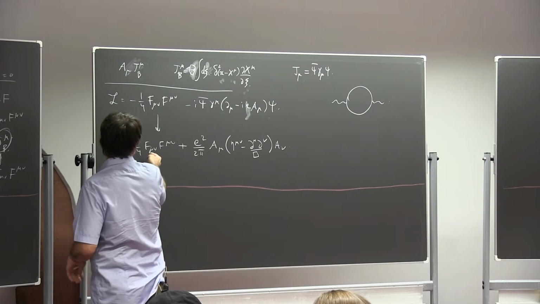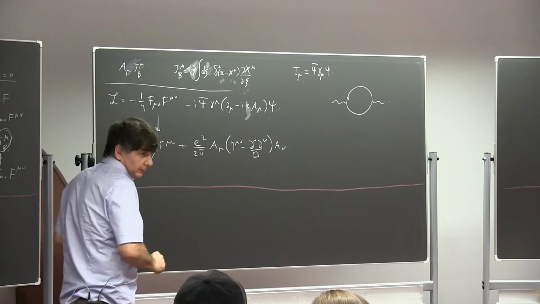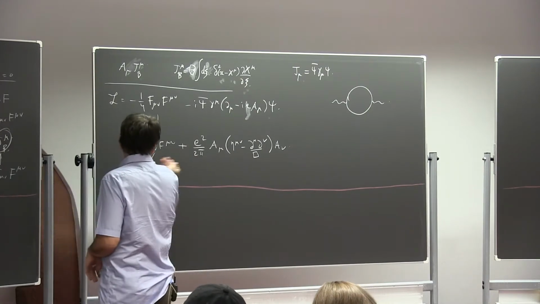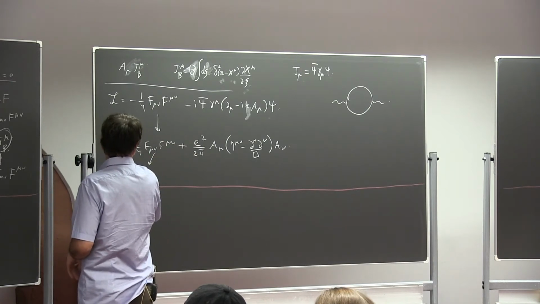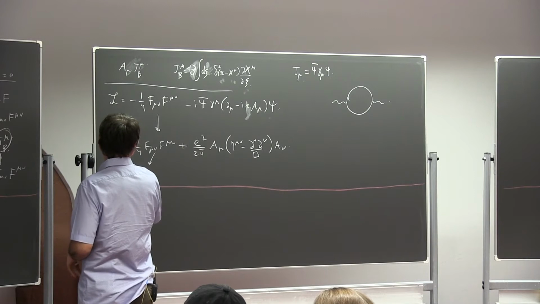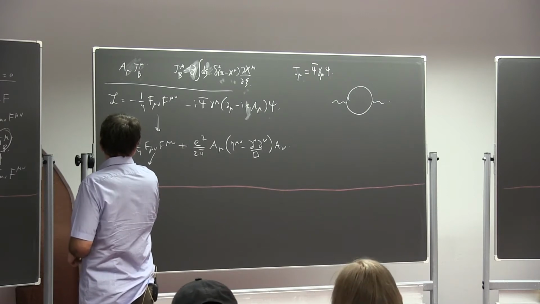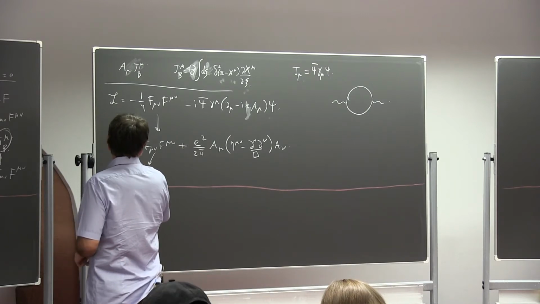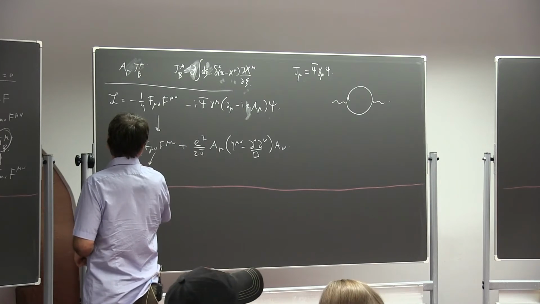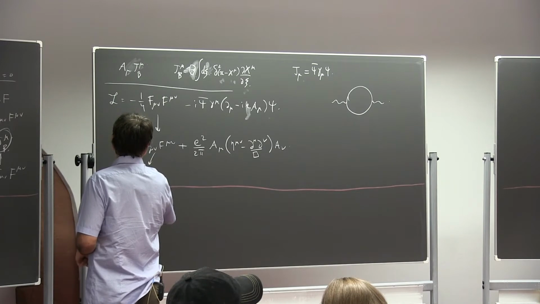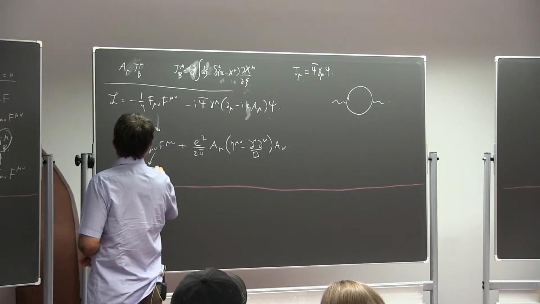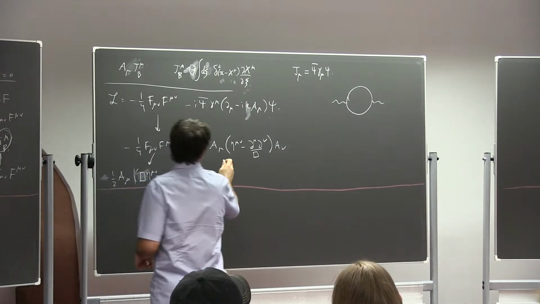Because let me remind you that F_mu nu, you can rewrite it up to partial integration. It again has this form of a transverse projector. Well, it looks non-local, so we'll get there. Yes, absolutely. Sorry.